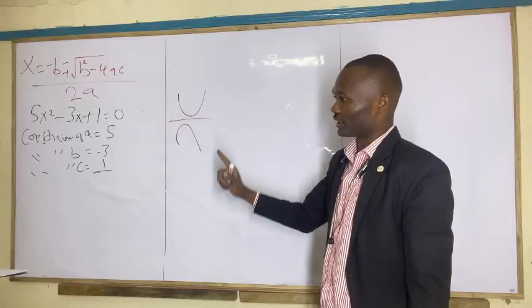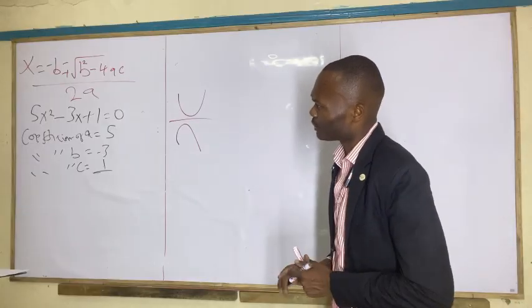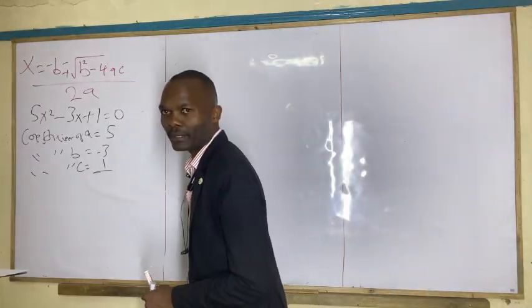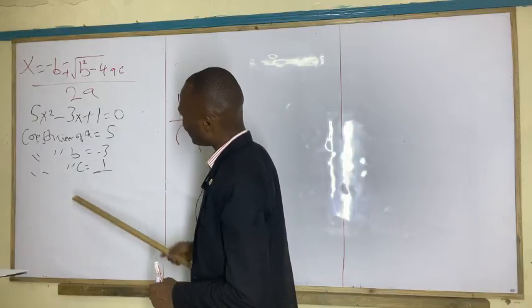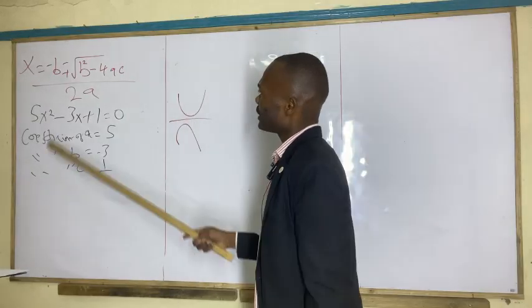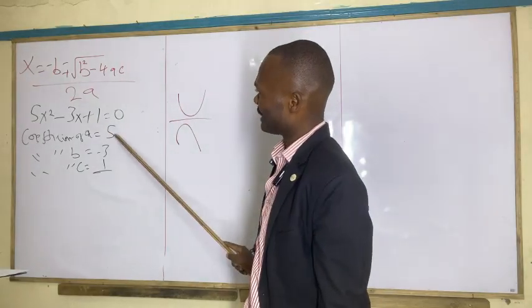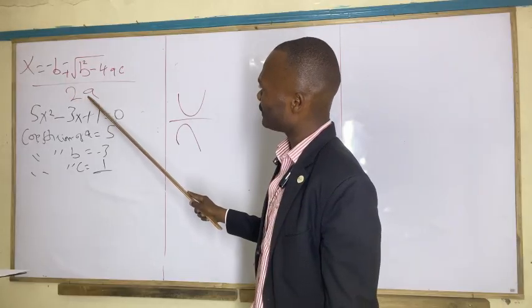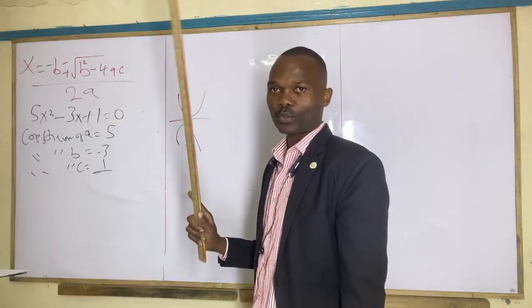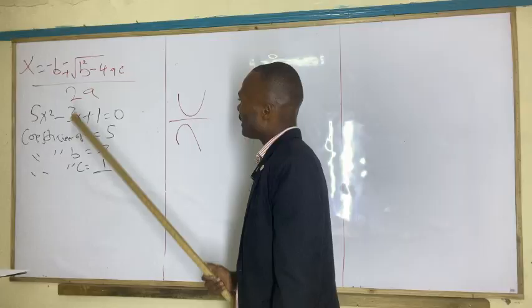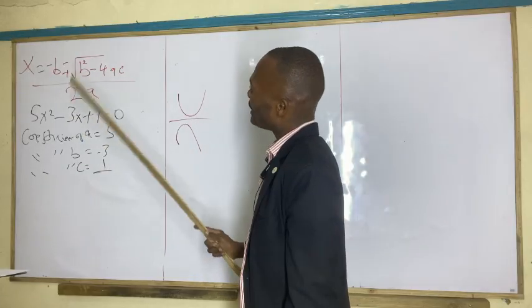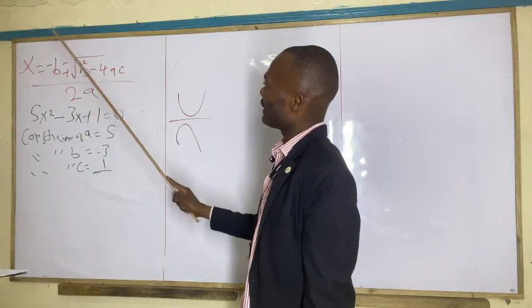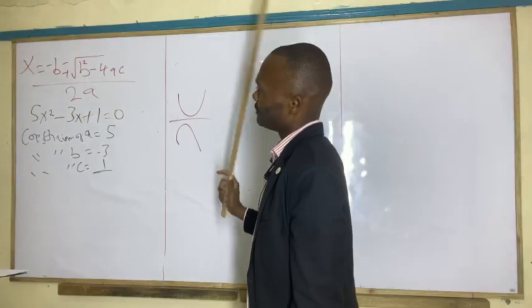Let me take us slowly. Where there is A in the formula, we put 5. We're through with A. Let's go to B. B is negative 3. So where we have B, negative 3. That's it.